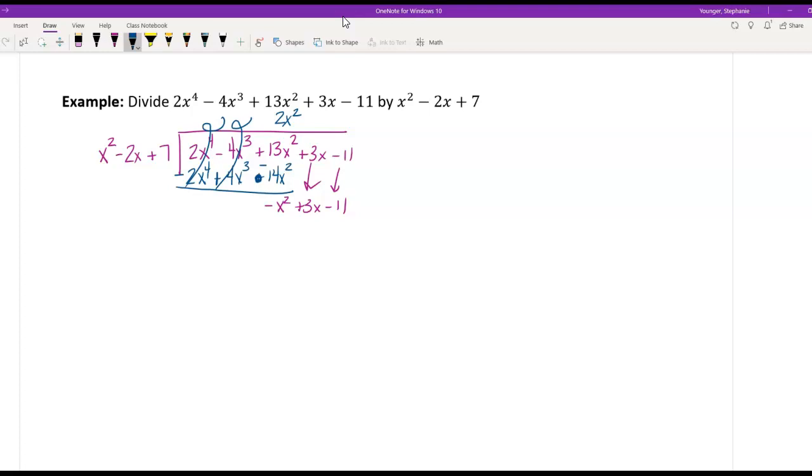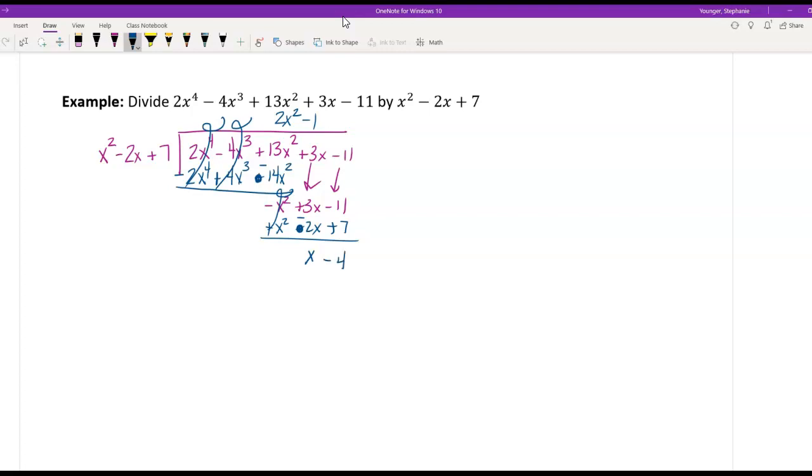What times x squared gets me negative x squared? If you said negative 1, that would be absolutely correct. So I'm going to multiply every single term here by negative 1, which gets me negative x squared plus 2x minus 7. Because I'm subtracting, I change all of my signs. These cancel. This becomes an x, and this becomes minus 4.